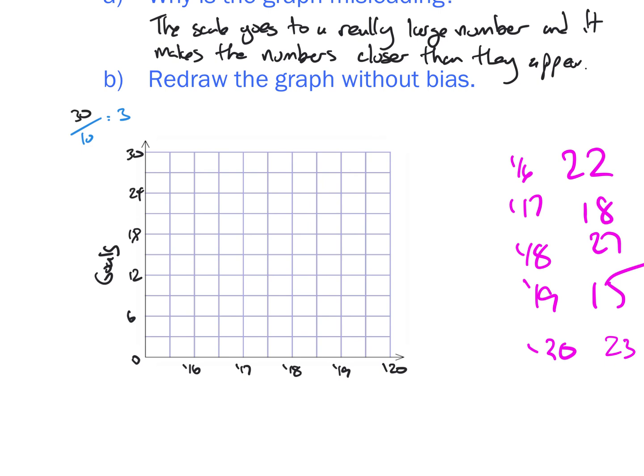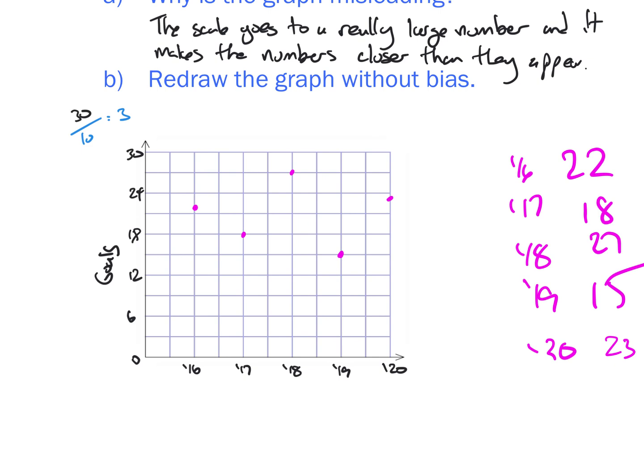And we're just going to put dots at each one and we're going to connect them. So 22 would be right here. 18 would be right here. 27 would be right up here. 15 would be a little bit down right here. And then 23 would be right here.